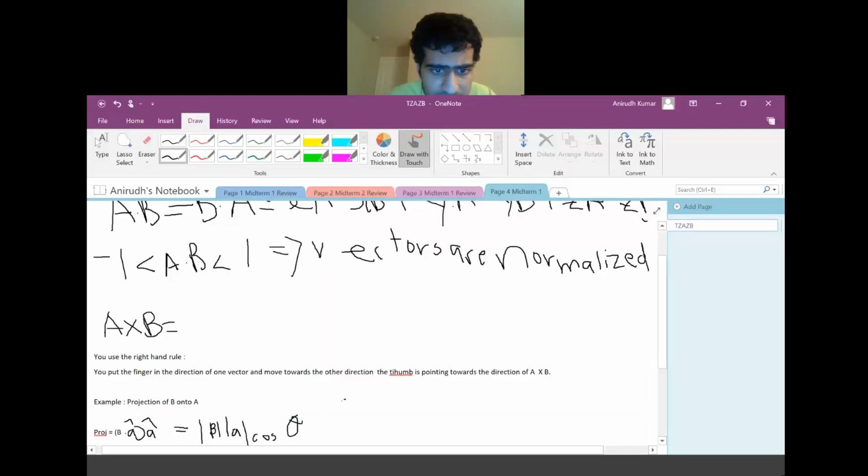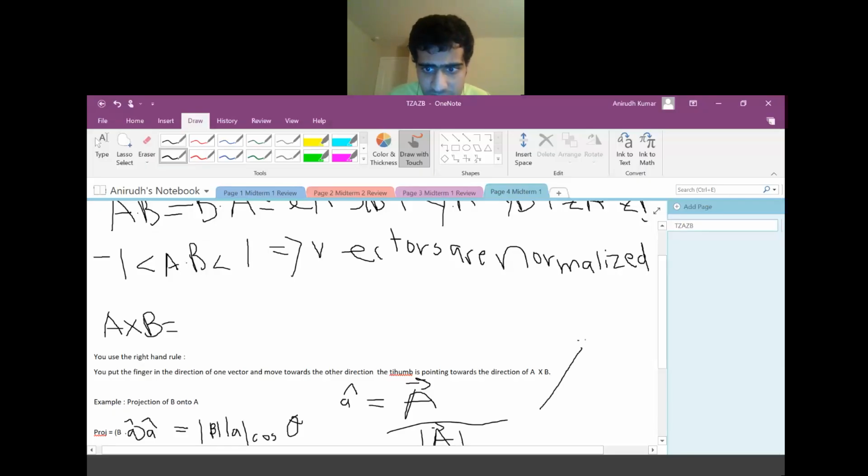Also, be aware that A cap is the directional vector basically. So it's A divided by the modulus of A, which is basically the magnitude of A. And of course, the same thing with B, C, whatever.